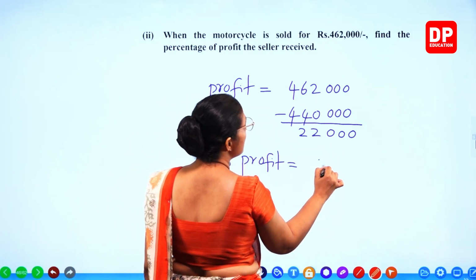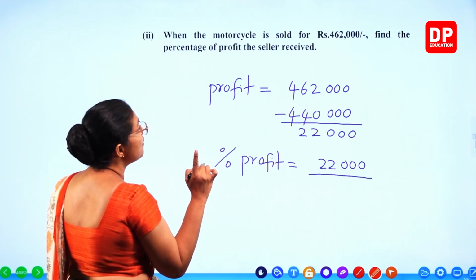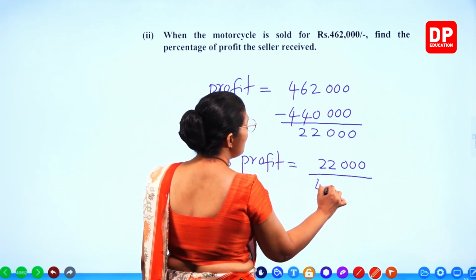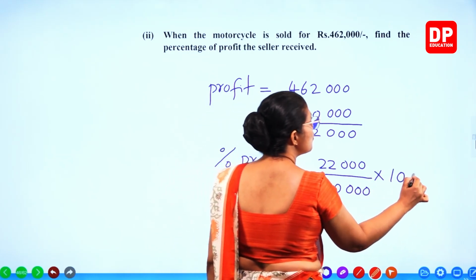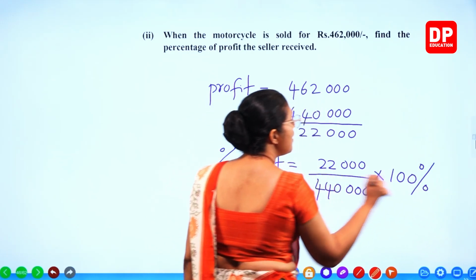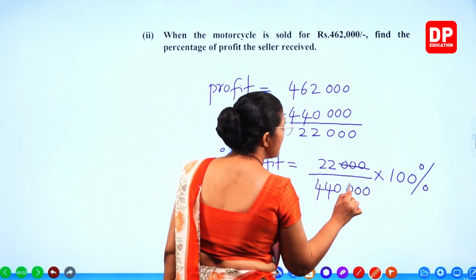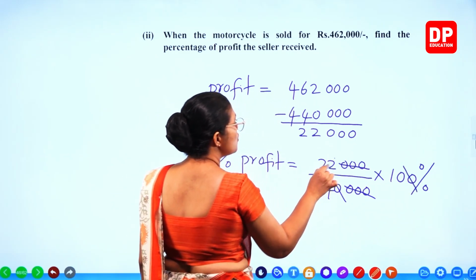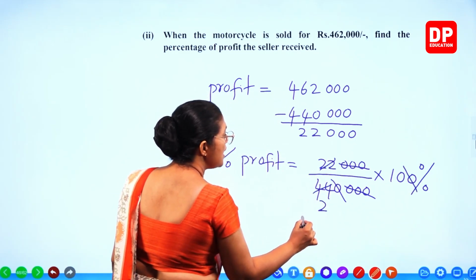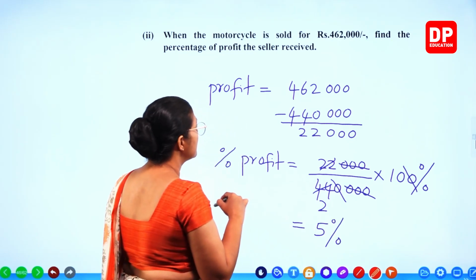Profit divided by the original value. What is the original value? 440,000. And then to convert to percentage, you multiply by 100%. 3 zeros get cancelled out and 1 zero here. 22 times 2, 10 divided by 2, that's 5%.